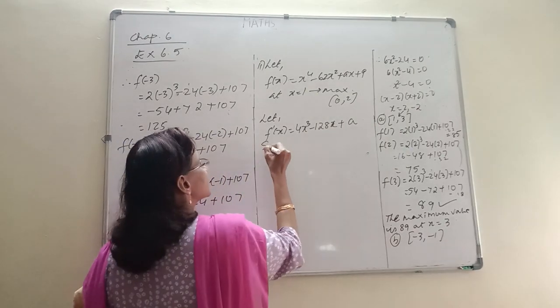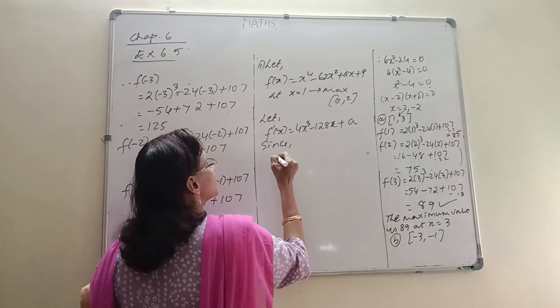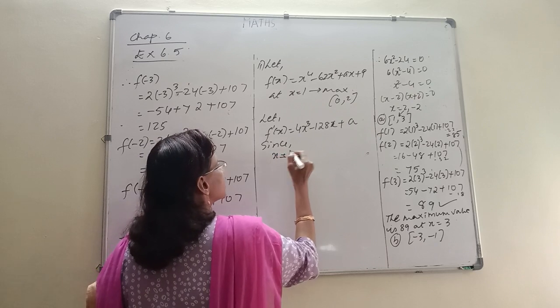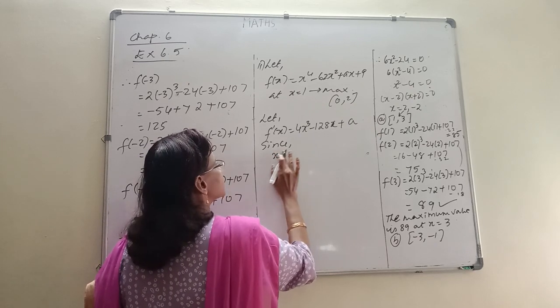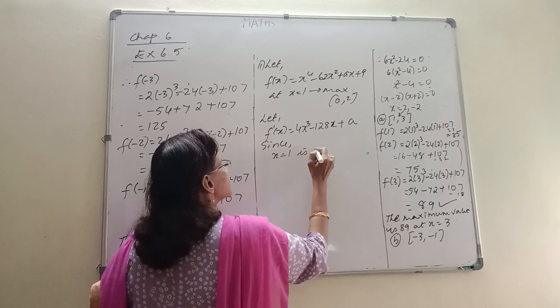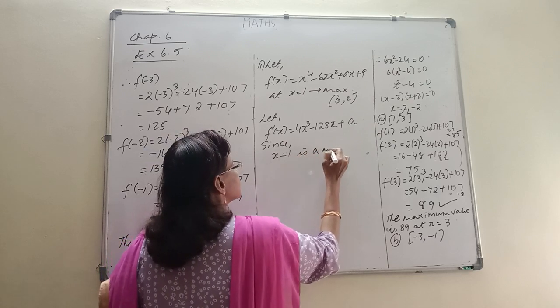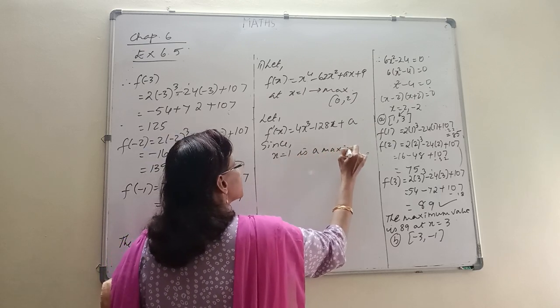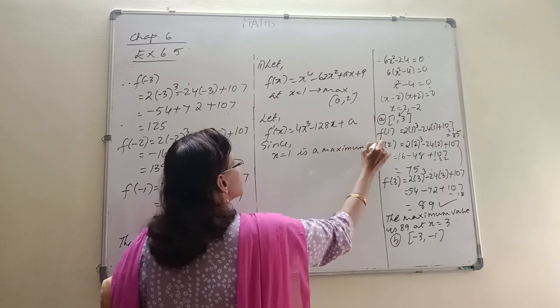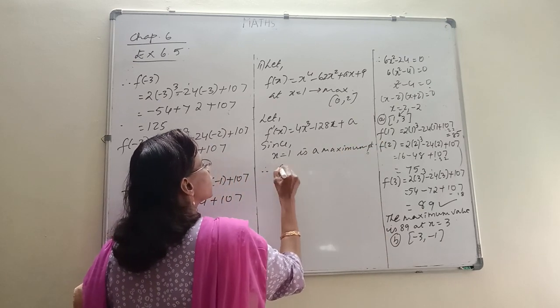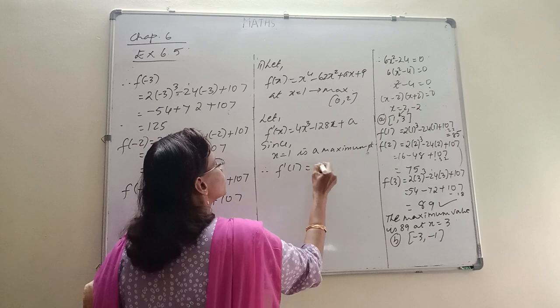Since x equal to 1 is a maximum point, f dash at 1 is 0.